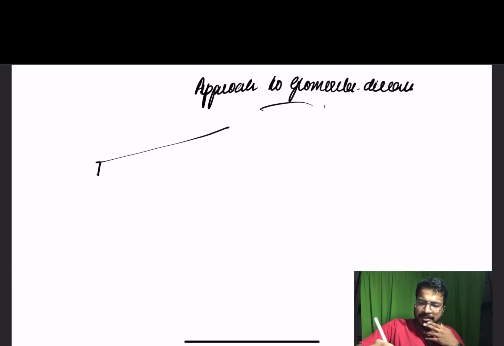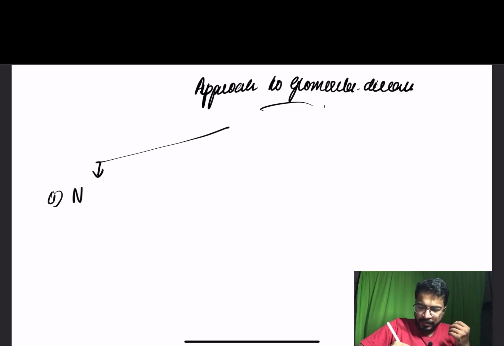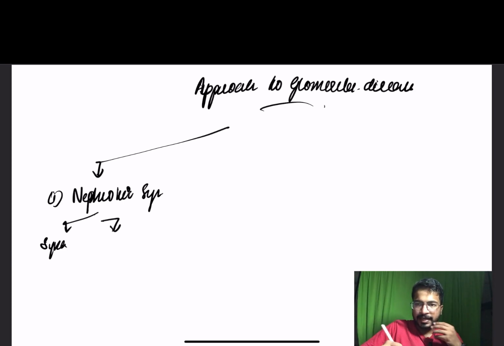So basically we will be discussing it on the basis of four examples. First will be a glomerular pathology, nephrotic syndrome, under which we will be discussing the syndrome per se and nephrotic range proteinuria.